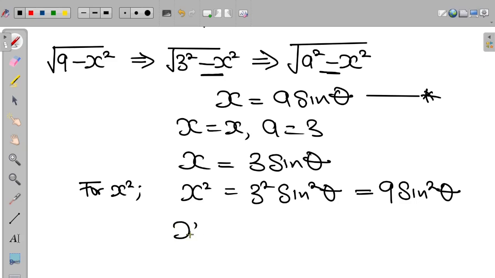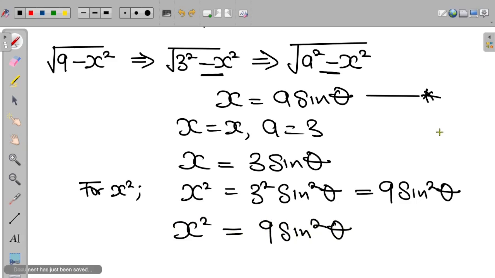So therefore, x squared is equal to 9 sine squared theta. To simplify things, let's call this equation 1 and this equation 2.